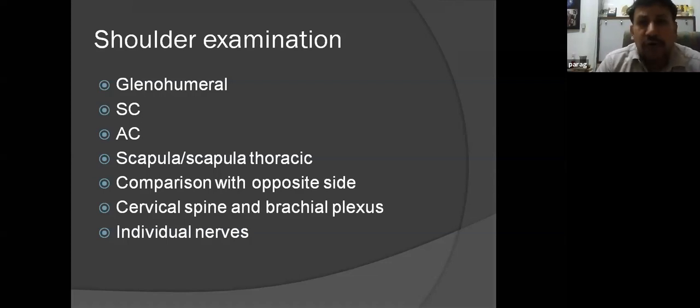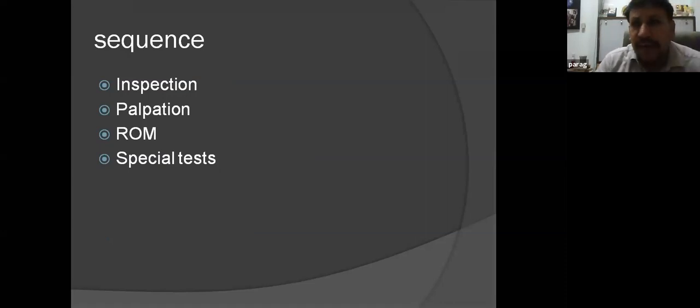Also, don't forget to examine the elbow, wrist and hand, because sometimes it is the other joints which will guide you to a pathology in your shoulder, especially in situations like inflammatory arthropathy. So it's important that you don't just do the shoulder, but take a look at the entire upper extremity as a whole.